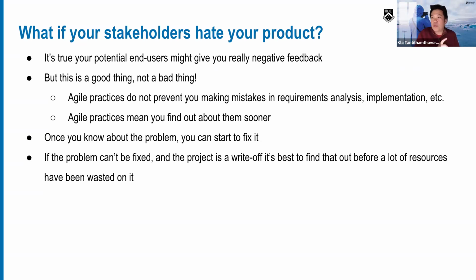That's why rapid prototyping is really helpful, because it helps the team and the client to be on the same page. Is this a thing that the client really wants? If the project is a write-off, it's best to find that out before a lot of resources have been wasted.